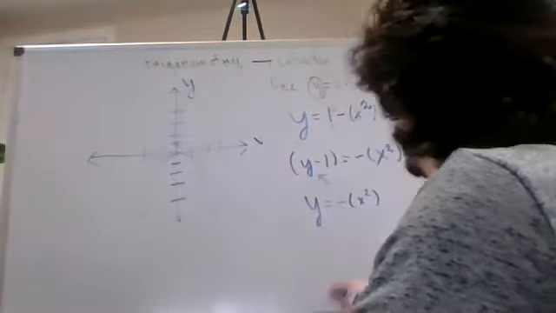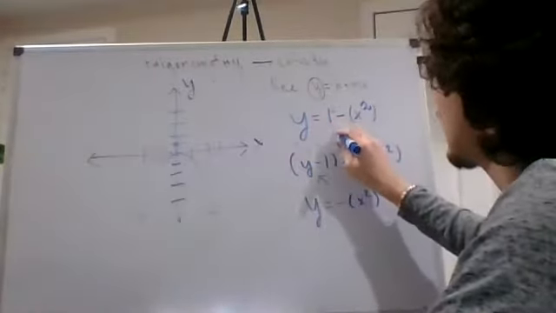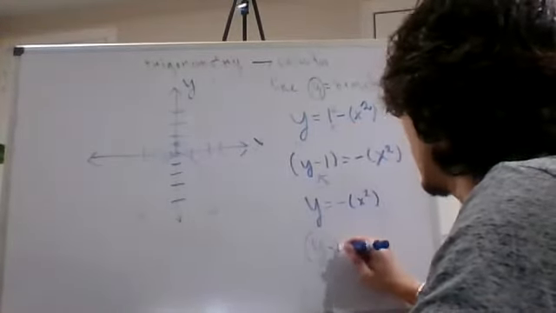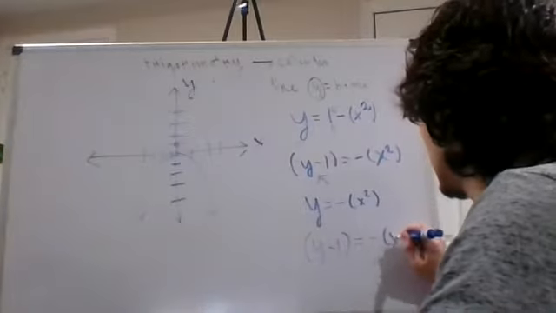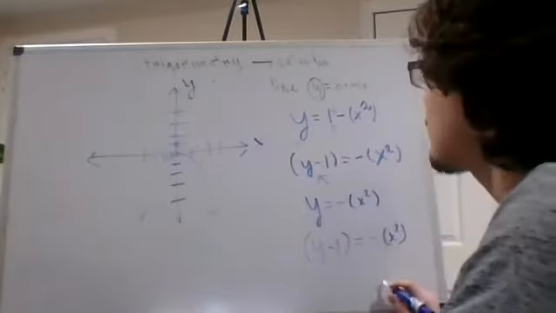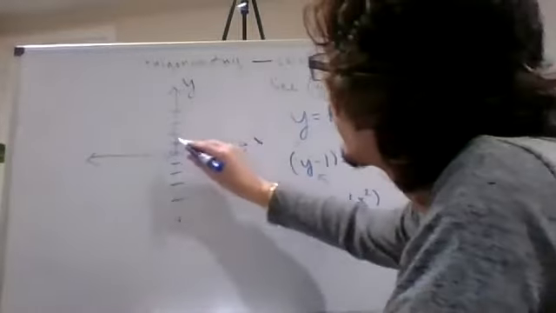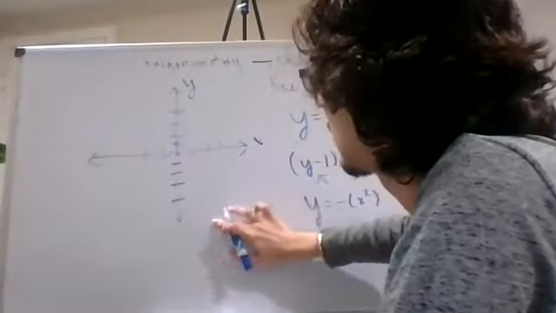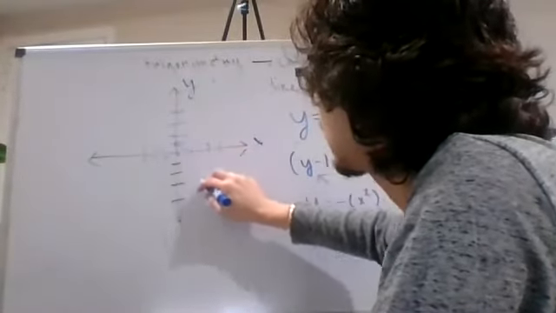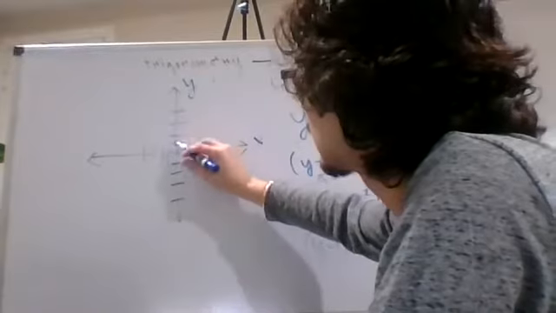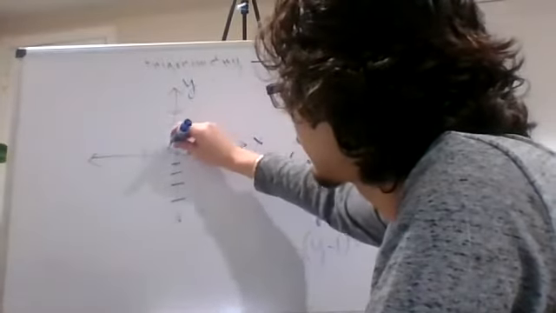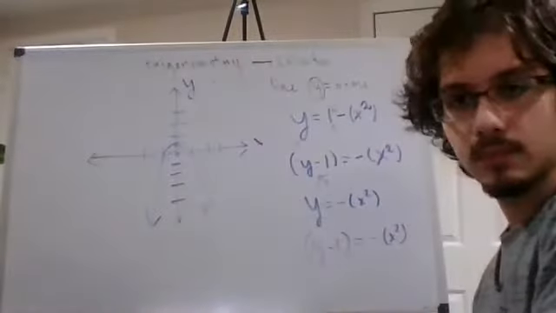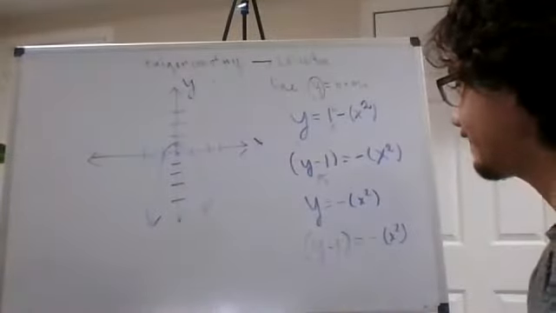But now, because we introduced a new y-intercept and we made it y minus 1 equals the same function, that means we take this and we move it up 1. So the new function must look like this. Does that make sense, Ms. Tiani?